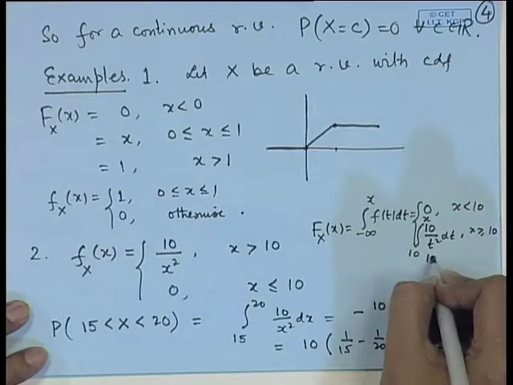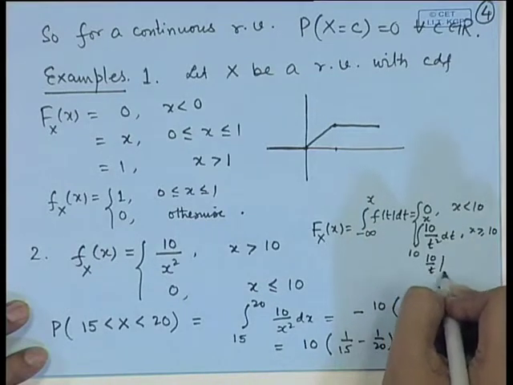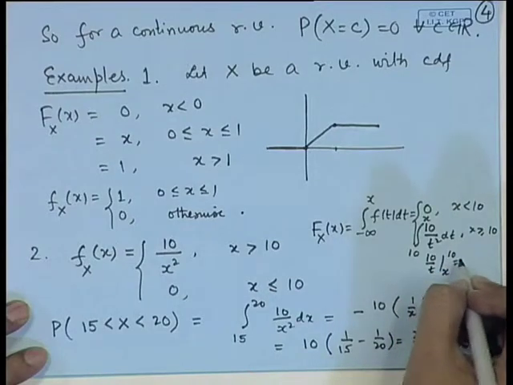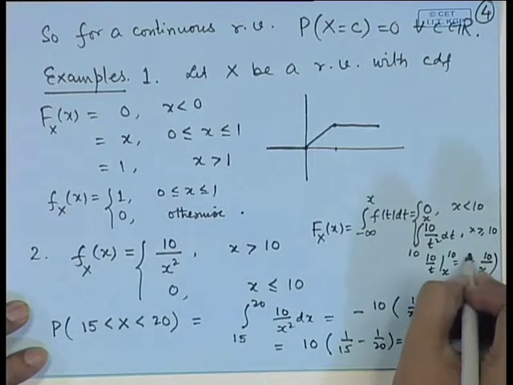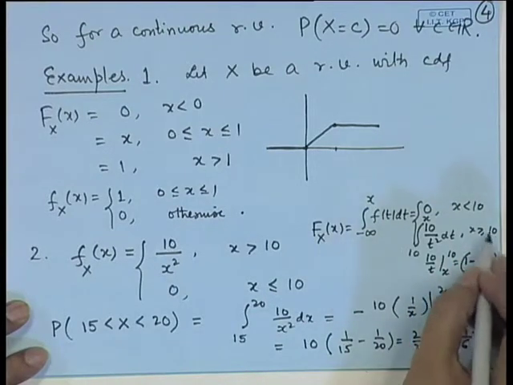So, it is equal to minus 10 by t from 10 to x, that is equal to 1 minus 10 by x. This is for x greater than or equal to 10.